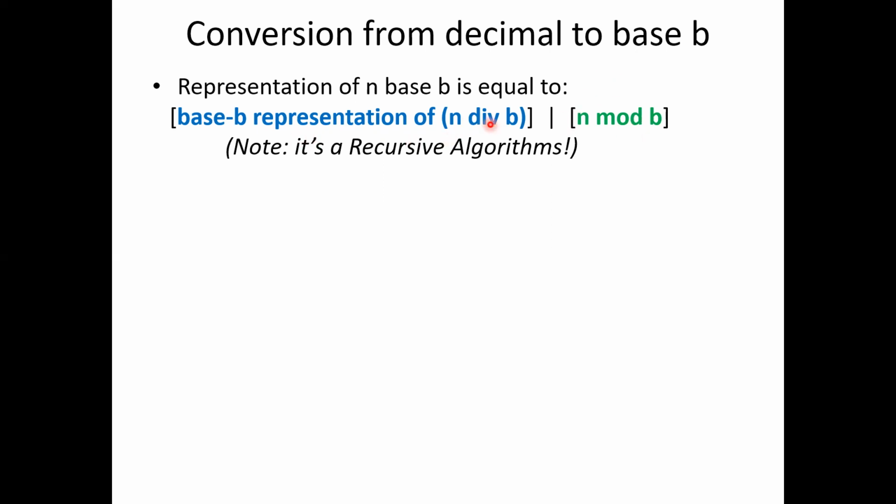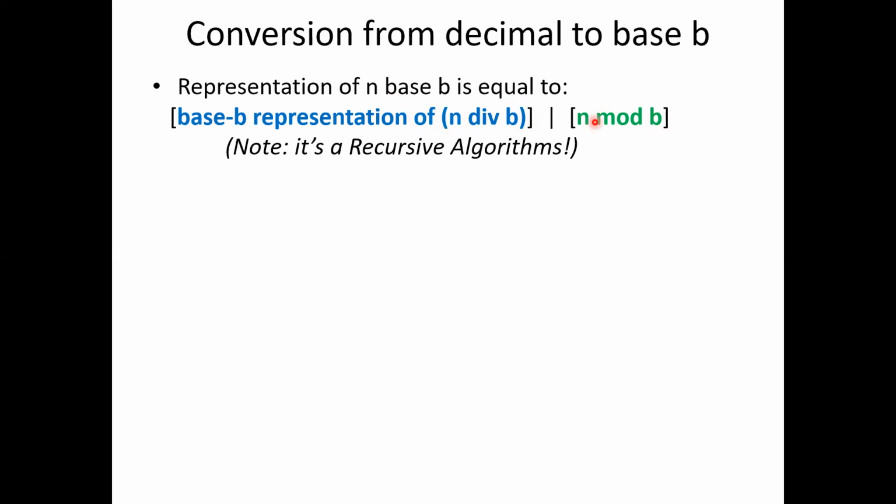And then what about the other digits? Well, call the same algorithm recursively on n div B, in other words, on the quotient of the integer division of n by B. So what you do is take n and perform integer division, which means you get a quotient and a residue. The residue is the last digit. The quotient is fed into the same recursive algorithm, so now the quotient is the new n.